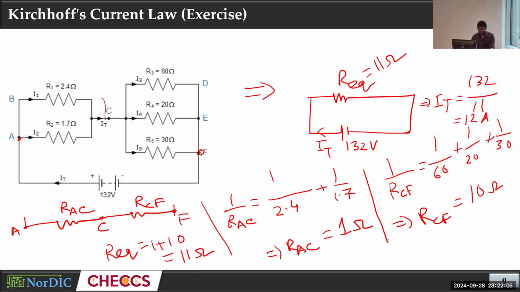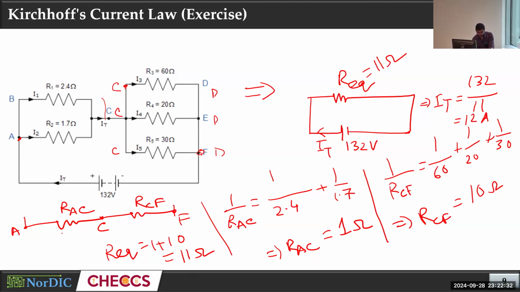So here if we count, this is C, this is C, this is C. And as I mentioned, D, E, F are nothing but the same node, because there is nothing between D and E and F. So we can call them D. This resistor is between C and D, this resistor C and D, this resistor C and D. So we always get 2 nodes for these resistors. That's why they are parallel.